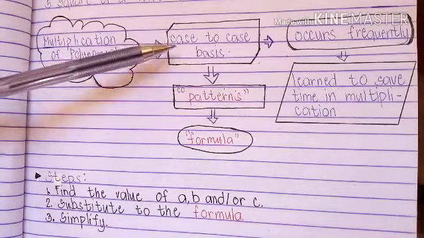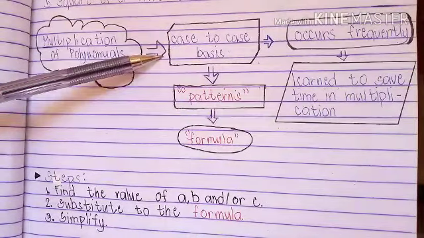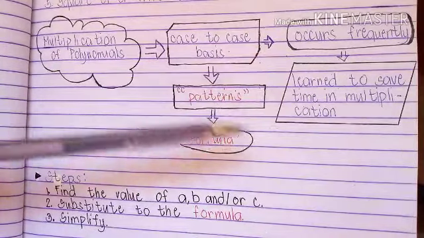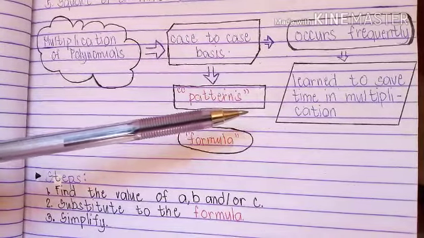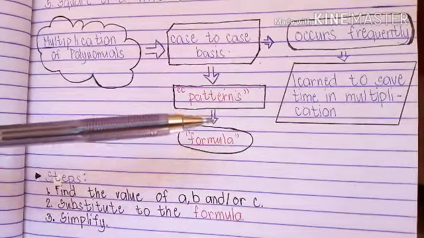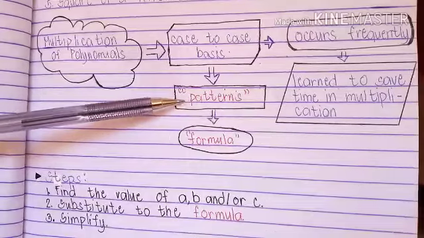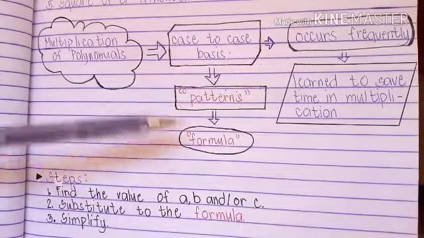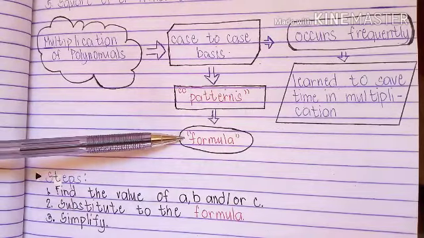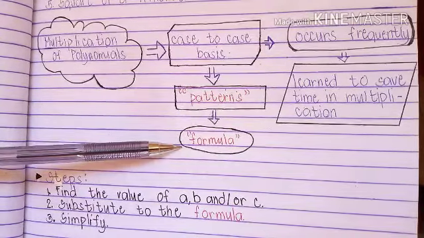Since it is a case-to-case basis, there would be some of them which will occur frequently. This is being taught to students to save time in multiplication by using its pattern. Using its pattern, we have already formulated a formula for each of the 5 special products.